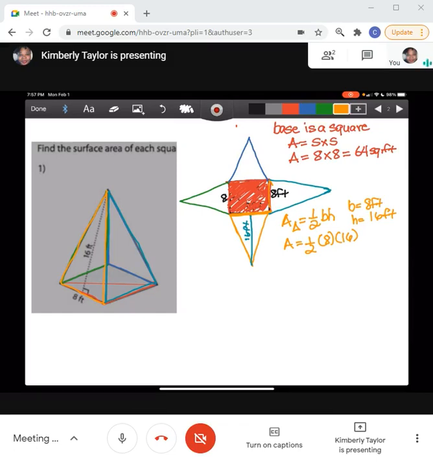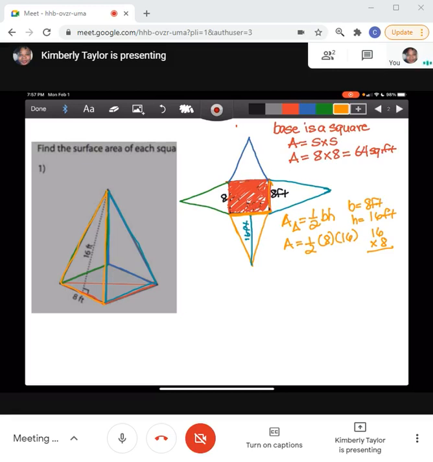So 16 times 8. Because you're in the 7th grade, I don't know if you can use a calculator, so I'm just going to do this by hand. Oh, I like the way you're doing it. You do 8 times 16 and you put the 1/2 under.